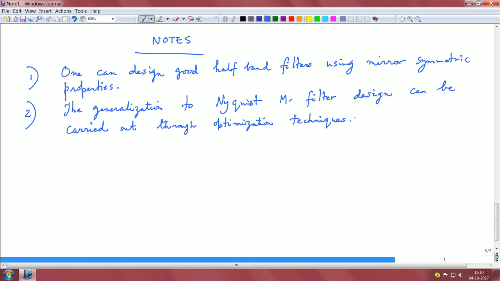We saw the case where we could set up our optimization problem for solving for the base filter that led to Johnston filter, and the same idea you can extend this towards Nyquist M filters. So, these are some basic filters that you will see in multi-rate operations.